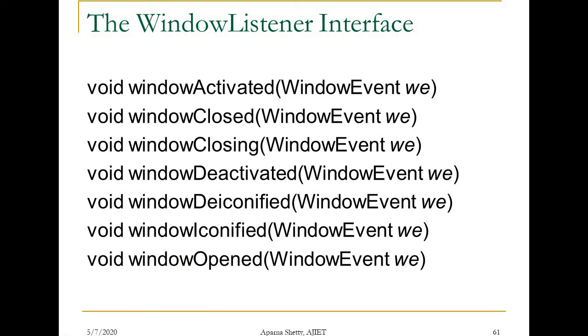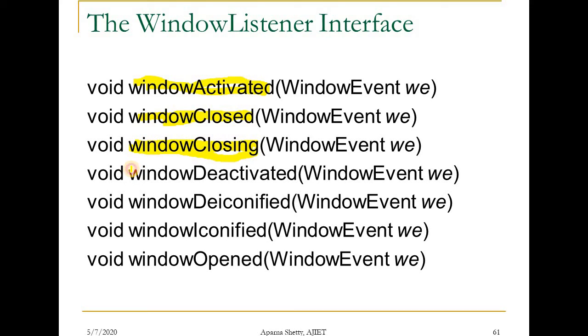The first method will be called when the window is activated. This method is called when the window is closed. This method is called when the window has received a command to close and it is about to get closed.